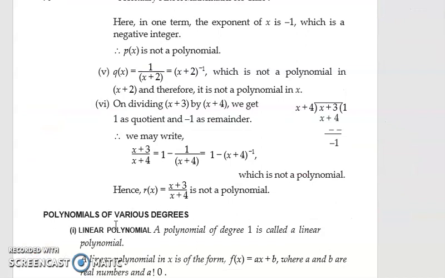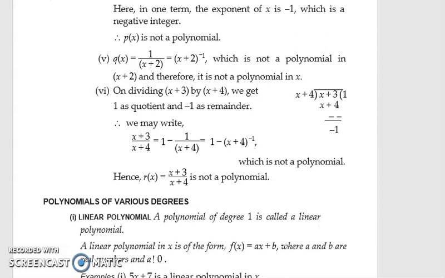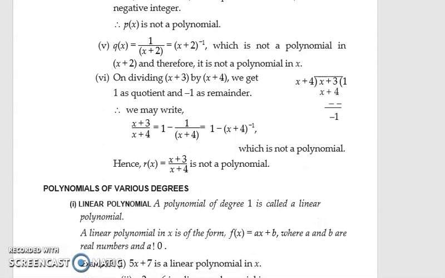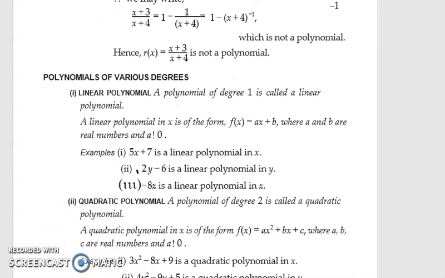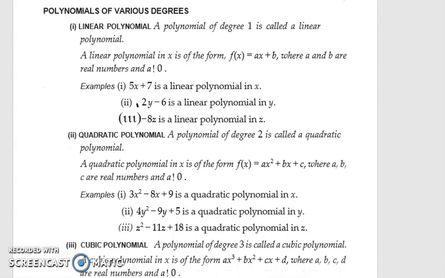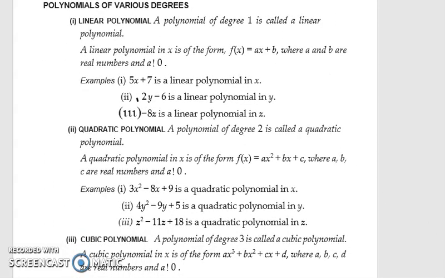Now, different types of polynomials. Polynomials are different depending on the degrees. You will see polynomials of various degrees. First is the linear polynomial. What do you mean by a linear polynomial? A polynomial of degree 1 is called a linear polynomial.